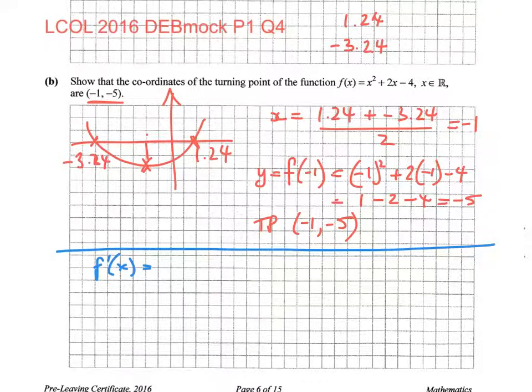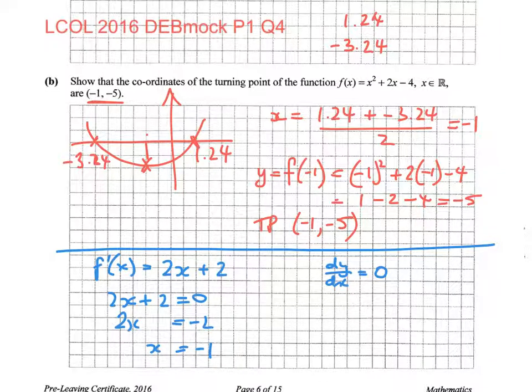So the first derivative of the function will be 2x plus 2, and we're looking for the solutions when that first derivative is equal to 0. So the turning points occur when your dy by dx, your f dashed of x, is equal to 0. So if I find the solution of 2x plus 2 equals 0, I end up with an answer also of minus 1.